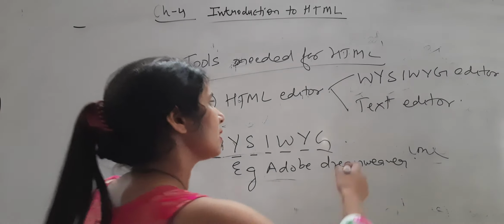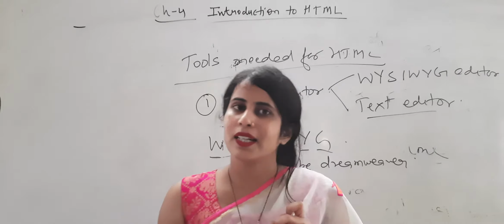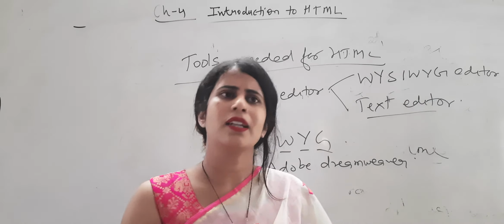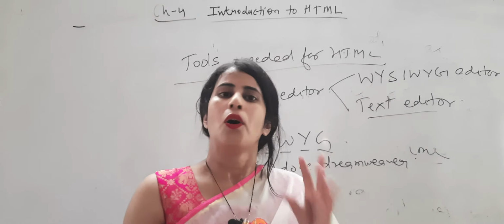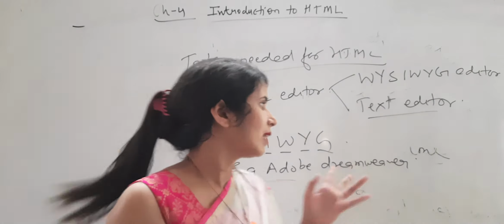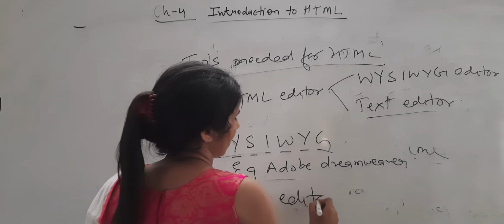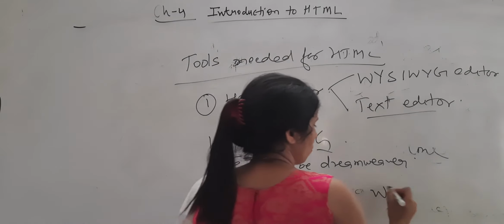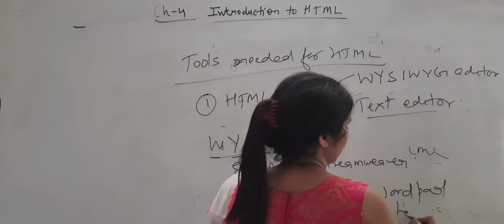The second one is the text editor. What is a text editor? The text editor is a normal editor that people use to create normal pages that contain only text and a few images. The text editors are WordPad and Notepad.